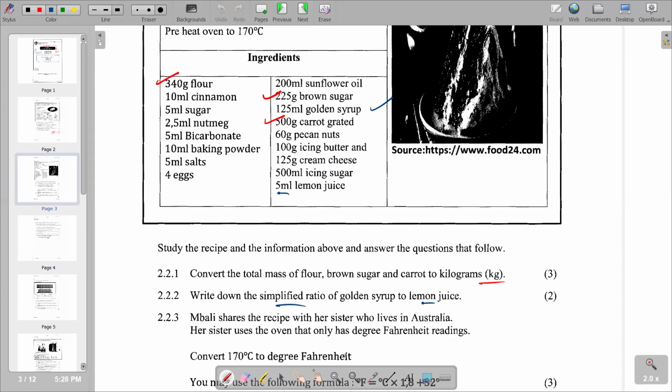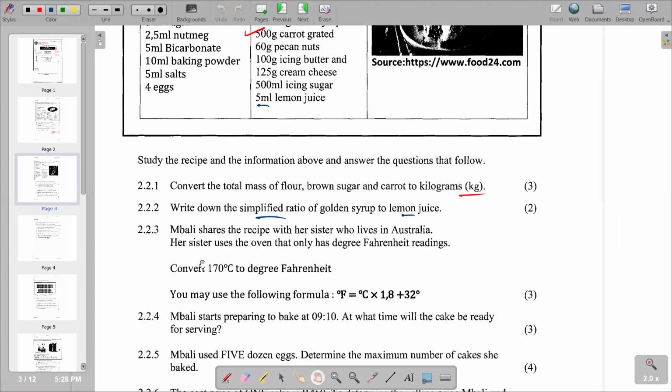So we go to 2.2.3. Mbali shares the recipe with her sister who lives in Australia. Her sister uses an oven that only has degree Fahrenheit readings. Convert 170 degrees Celsius to degrees Fahrenheit. You may use the formula degrees Fahrenheit equals degrees Celsius times 1.8 plus 32 degrees.